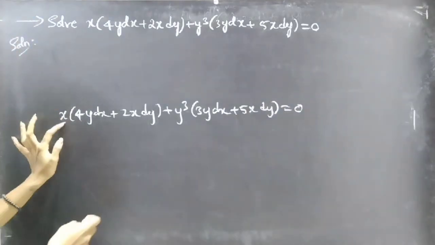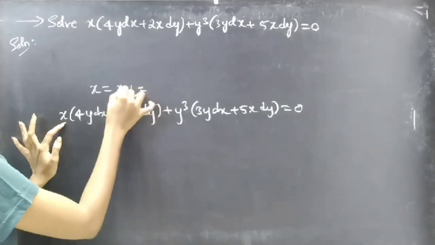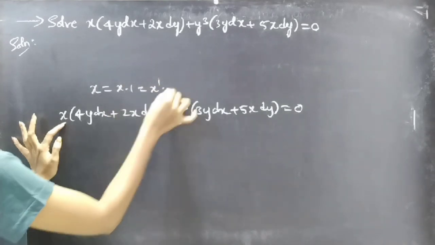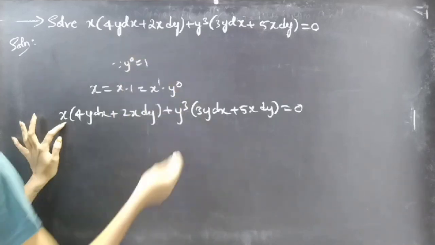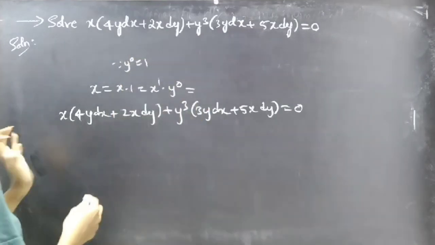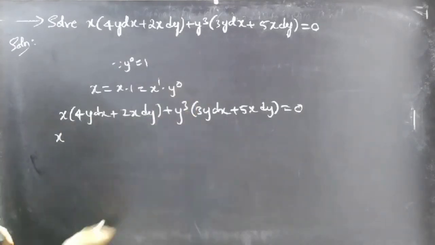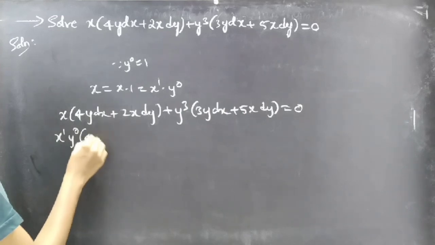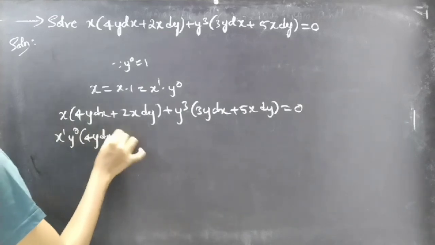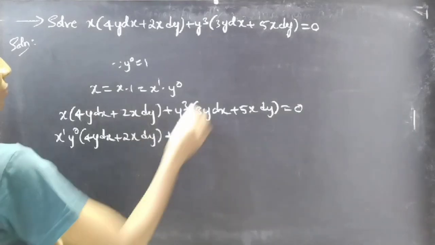Right? Here you are having x. We can write this x as x into 1. Write x as x power 1 and this 1 as y power 0, since y power 0 equal to 1, so that you'll have two variables here, x and y. So we can write x as x power 1 into y power 0 into the terms under brackets, plus here you're having y cube, right?